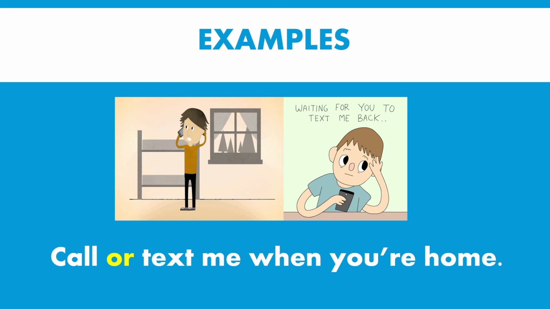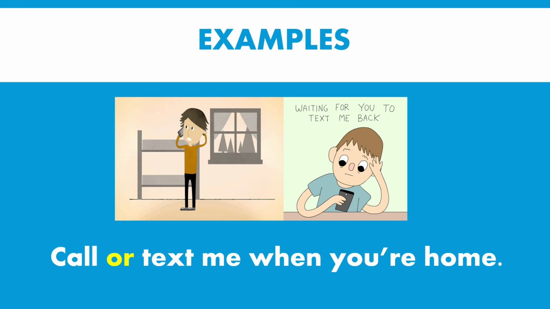Next, call or text me when you're home. When we use the conjunction or, it means that we are given choices. Call or text me when you're home means that between call and text me, only one of them can happen. You have the right to choose only one.